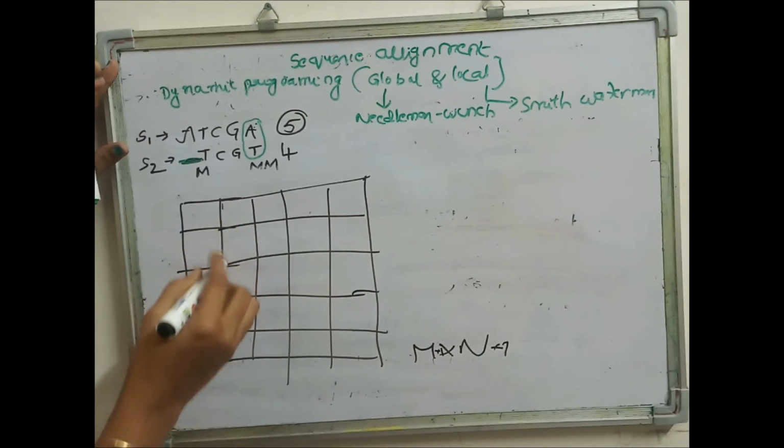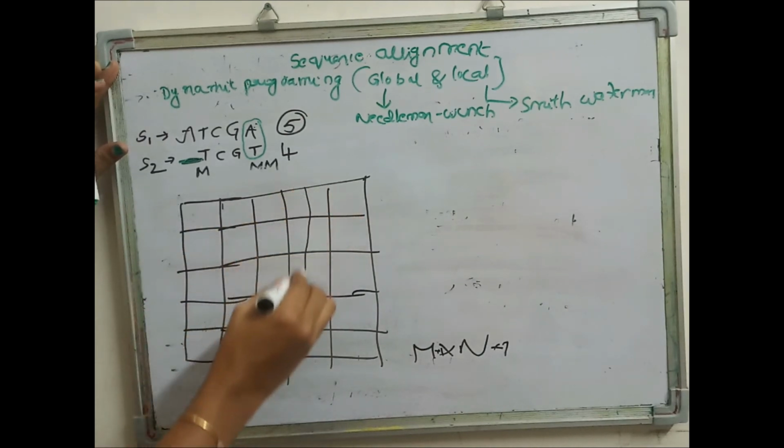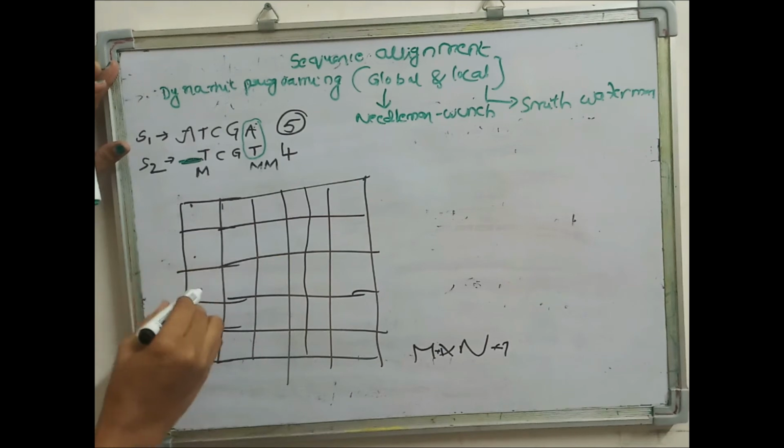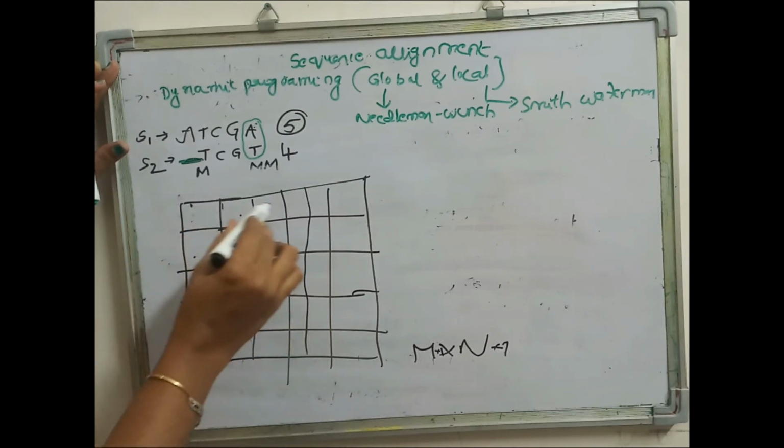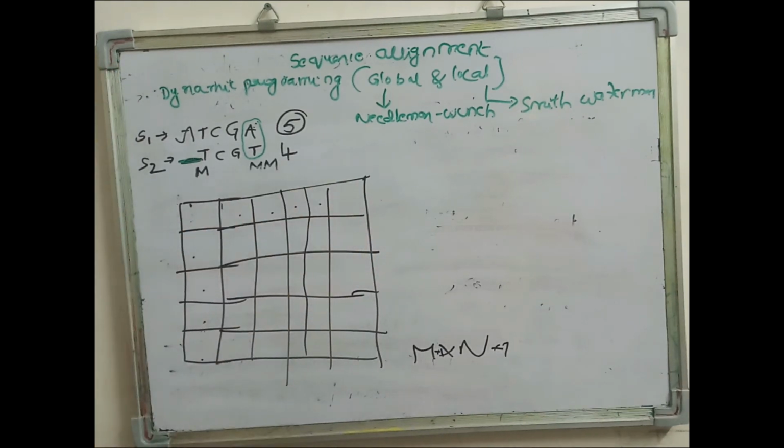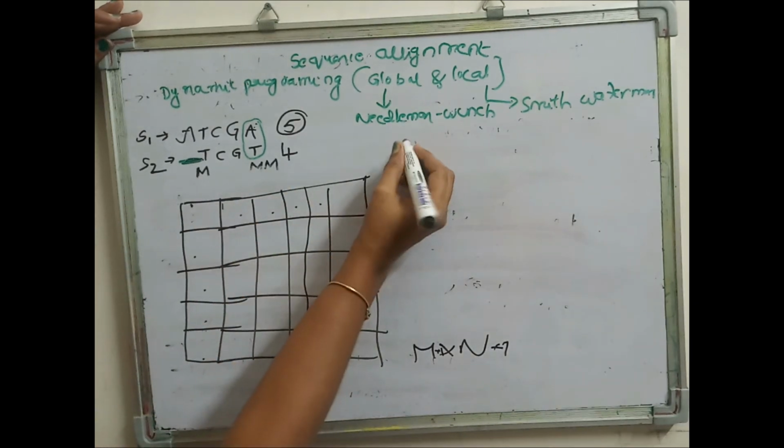In order to solve, you should have a 6 by 5 matrix: 1, 2, 3, 4, 5, and 1, 2, 3, 4, 5, 6. This is where you start. Then you have to fill the whole matrix, which is called the scoring matrix.